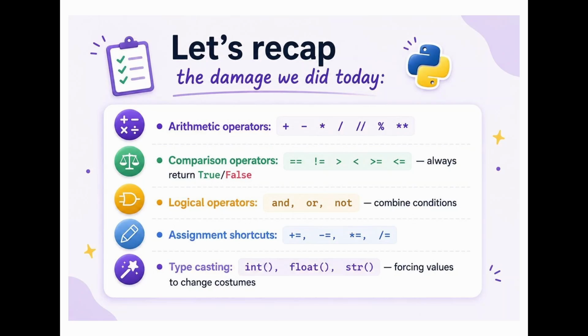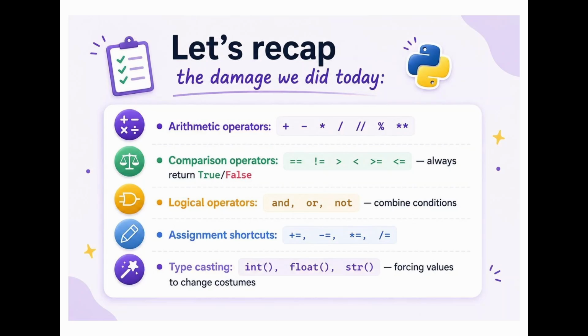Third one is logical operators, which are and, or, and not, which are used for combining conditions. Fourth one is assignment operators, which are plus equals, minus equals, multiplication equals, or divide equals, which help to make the code easier. Fifth one is typecasting, which is int parentheses, float parentheses, string parentheses, which forces values to change costumes. Costumes are the data type you have already given in the code.